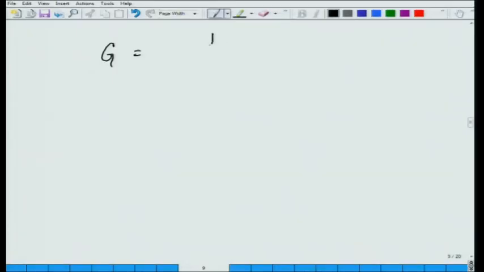Let us just take this guy only. G is equal to k over 1 plus tau s, so G j omega is equal to k over 1 plus tau omega j. Now, if you remember any complex number, for example, let us say I have got a complex number z is equal to a plus b j. This is the Cartesian form.